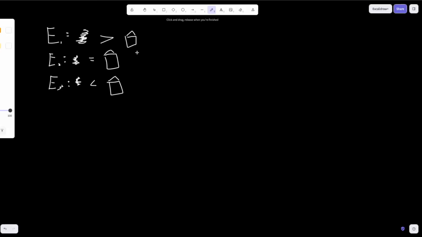So don't you see how these are all the possible options? This is our entire sample space here that we've cut up. We're either pulling a card that's greater than the house, or pulling a card that's equal to the house, or we're pulling a card that's less than the house, okay?